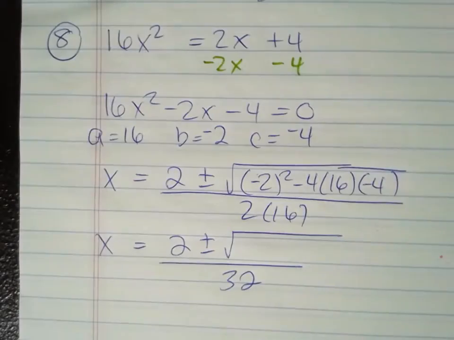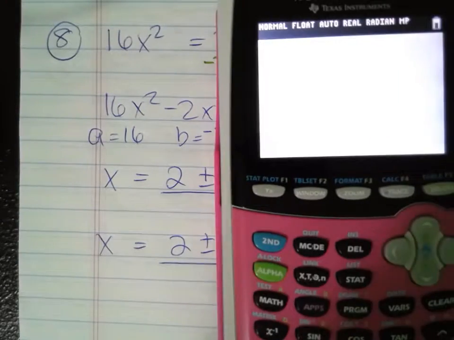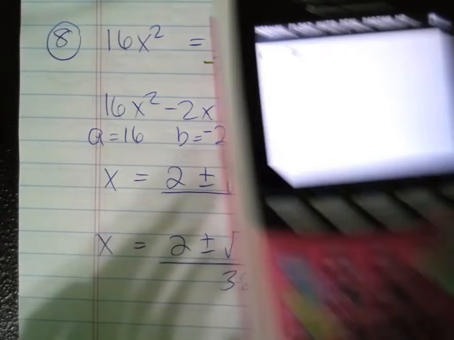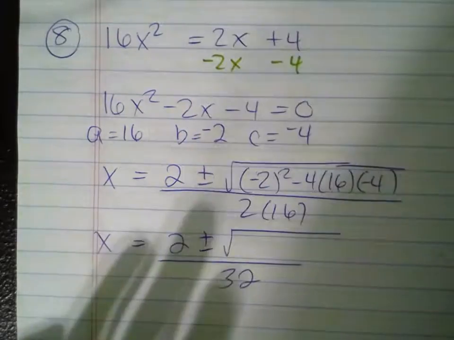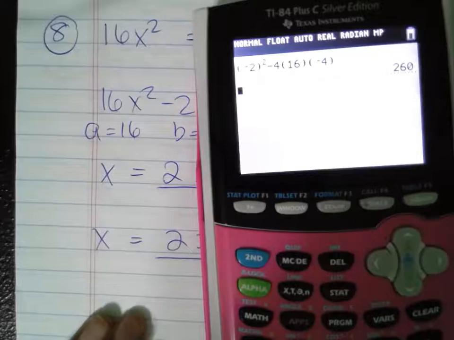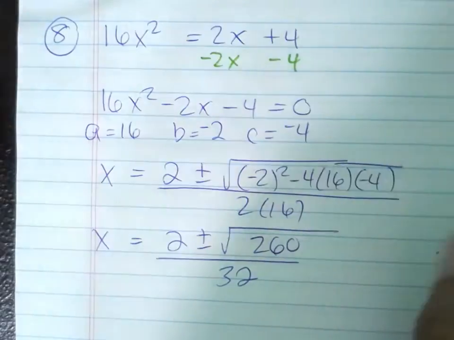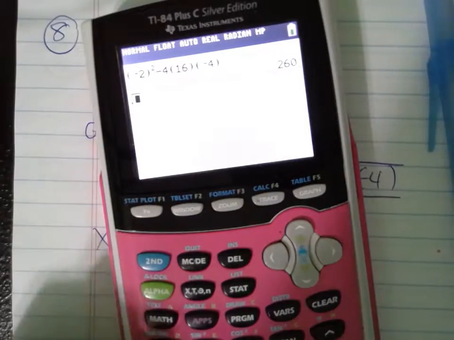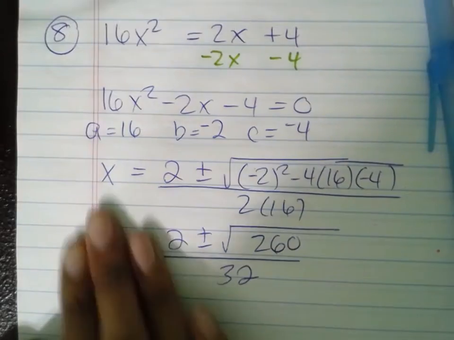Let's see what we can do in the radical. Okay, we get 260. All right, can we take the square root of 260? I doubt it. Nope. All right, we'll just leave it that way.